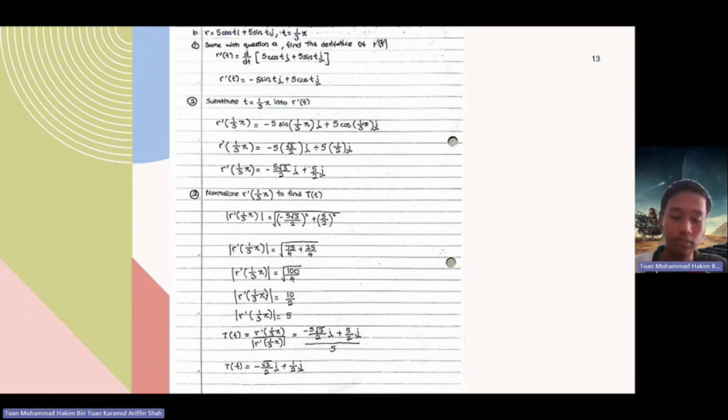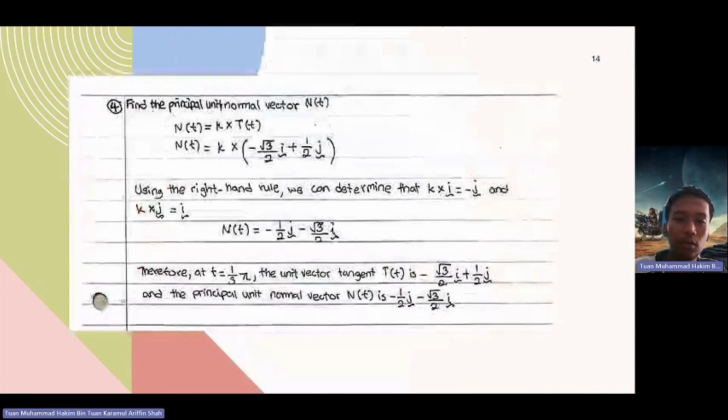Next we normalize the first derivative, then we conclude the answer. Then, to find the principal unit normal vector, N equals k cross T, the formula is the same as question A, and this is the answer we got.